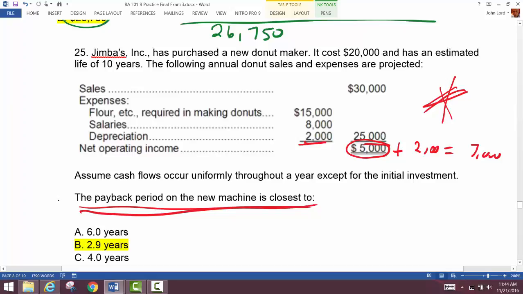Now to figure out the payback period, I've got to pick up my initial investment, which was 20,000. I take the 20,000 and divide it by 7,000, and that should give me the 2.9 years. Right?